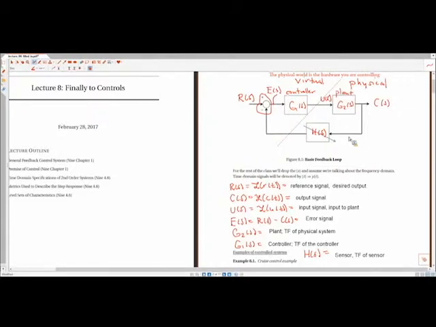So if you have an output of interest, say it's speed on your car, you need to have a sensor that can measure speed, right? So any car you buy has a speedometer on it, right? We have the ability to sense that.